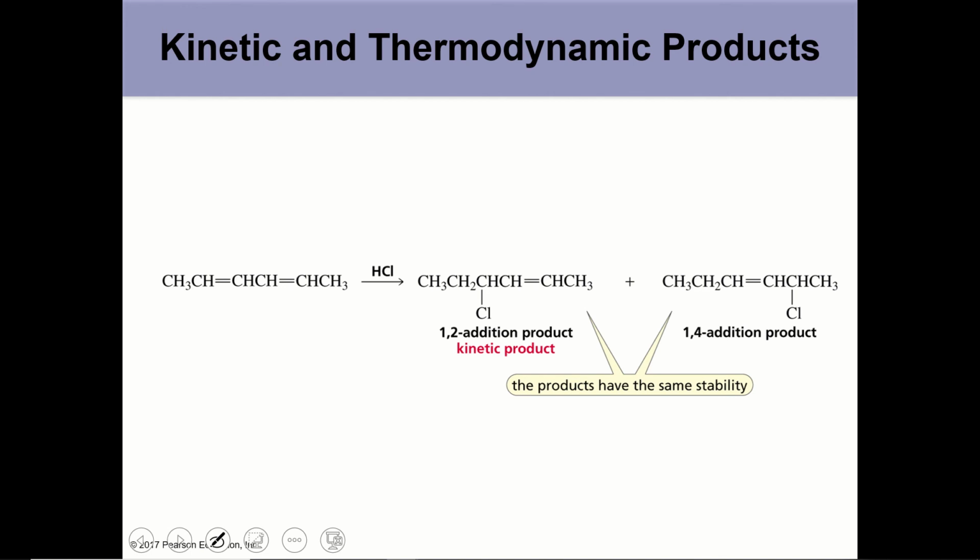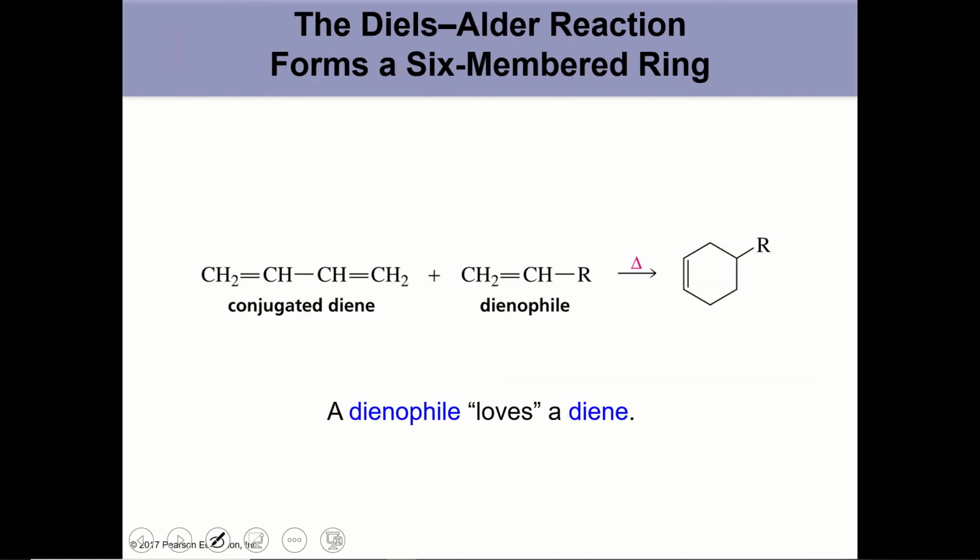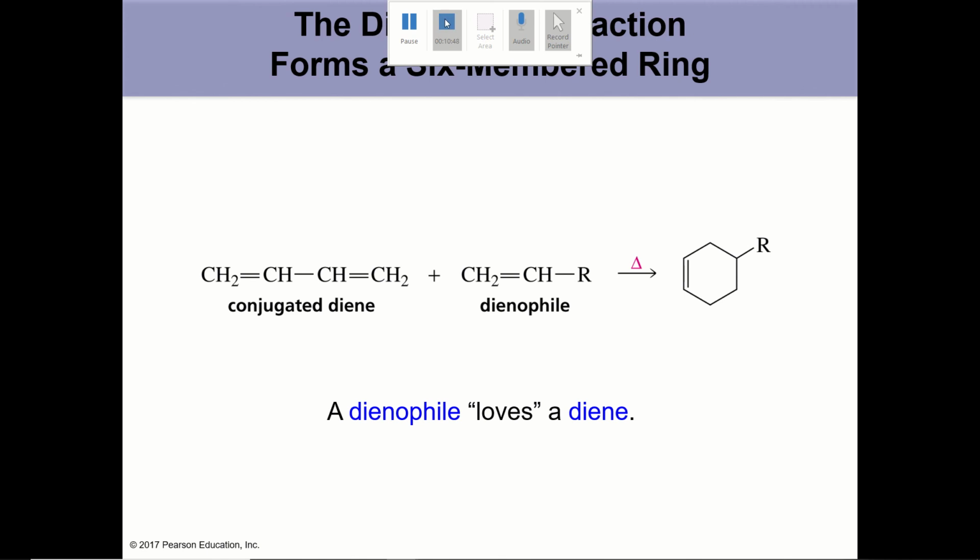So if we have a disubstituted and a disubstituted pi bond, then neither one is the thermodynamic product, they're both the thermodynamic product. And in the thermodynamic reaction, you'll make both of them. Ooh, this is a new topic. I'm going to start Diels-Alder reactions in the next video.